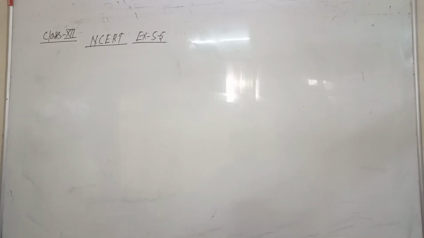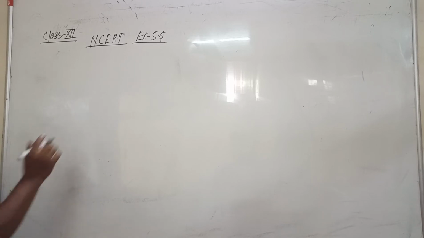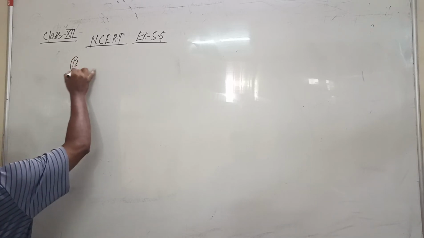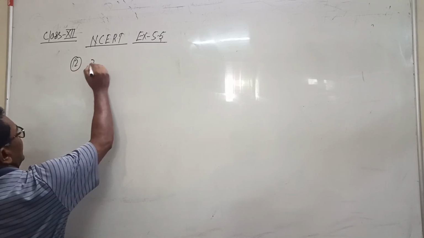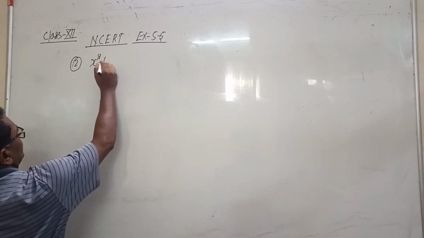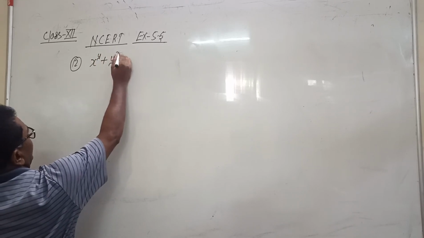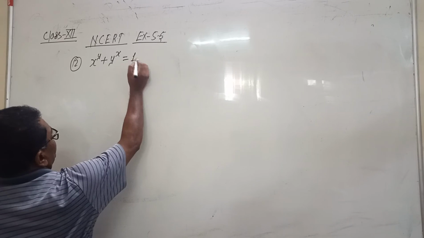Next question, question number 12. We have to find dy by dx, and it is given x raised to the power y plus y raised to the power x equals to 1.